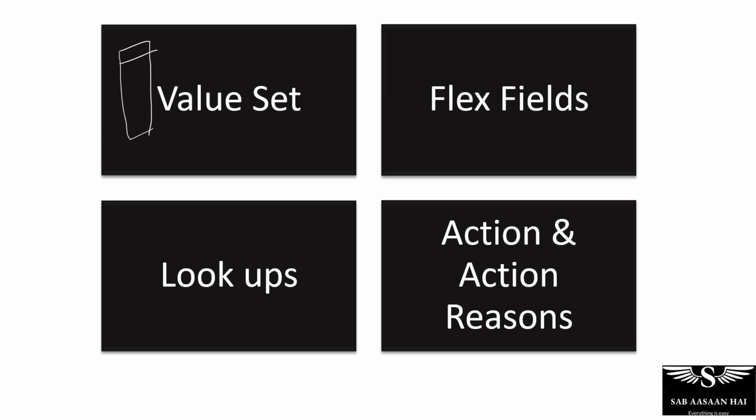Say I create a predefined list so that if you are selecting a number of years, you can select only from this drop down. So if I put 1 2 3 4 5 6 7 like this, they have the option only to select the value 5. They do not have any option to select any other value. So that is one of the reasons why we require a value set.